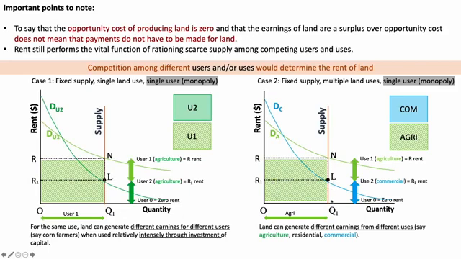So if there is only one user, there is no competition, he or she would want to use the full land for agricultural use.